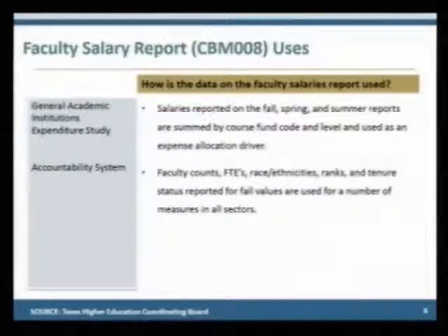They use it as a cost driver for faculty salaries in itself. And so the weights that are used in the general academic instruction and operation formula, they're based partially on the numbers that you're reporting to us for faculty salaries on the faculty salary report. Last thing, again, we use it in the accountability system.